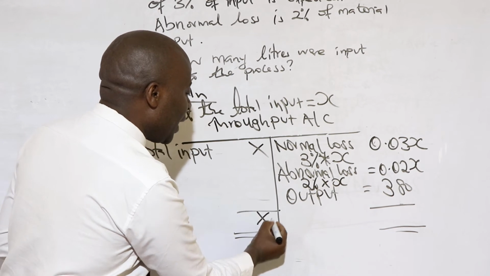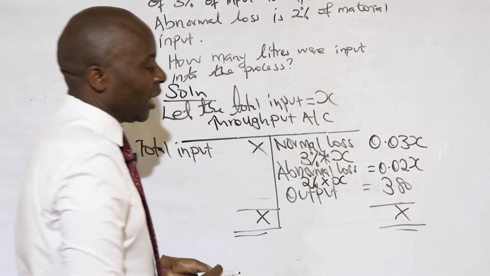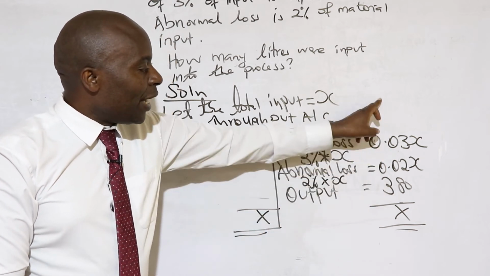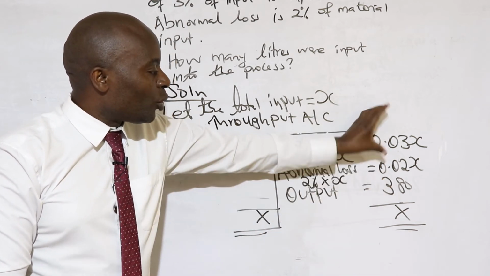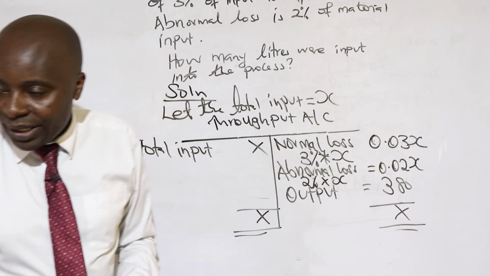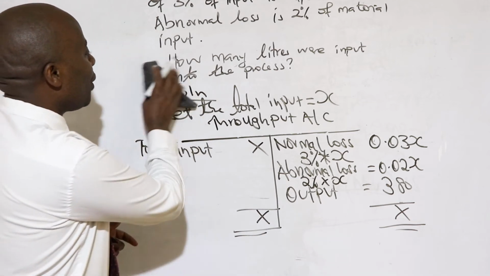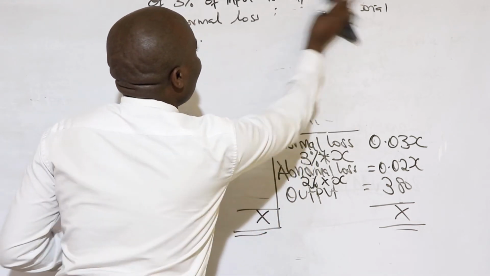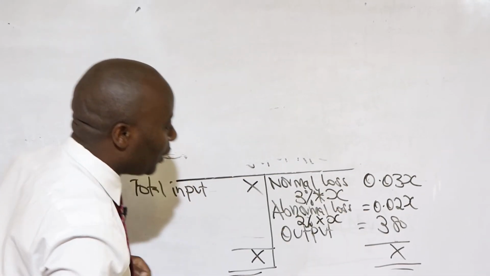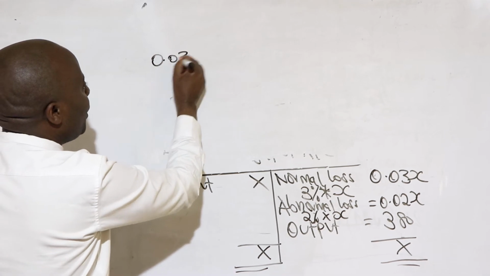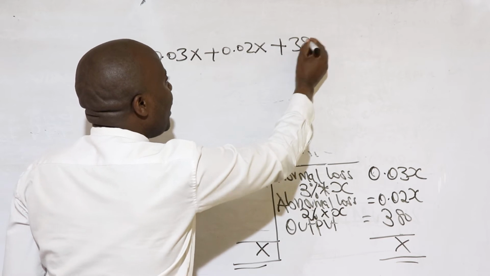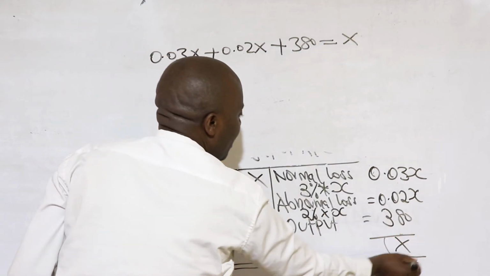So I'll come and put X here, I'll come and put X there, expecting that when I add everything downwards, I should be able to get the aggregate, the total here, being equal to X. Now, ladies and gentlemen, the moment I reach there, what I need to do is to form an equation out of this. So we have 0.03X plus 0.02X plus 380 equals my X here.